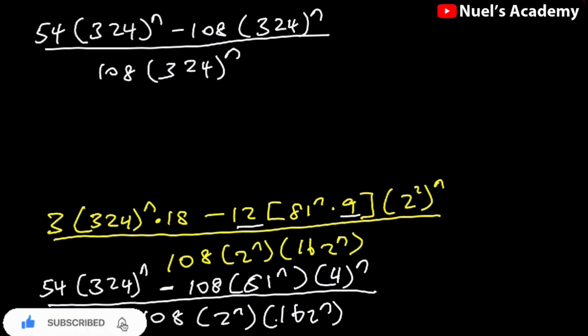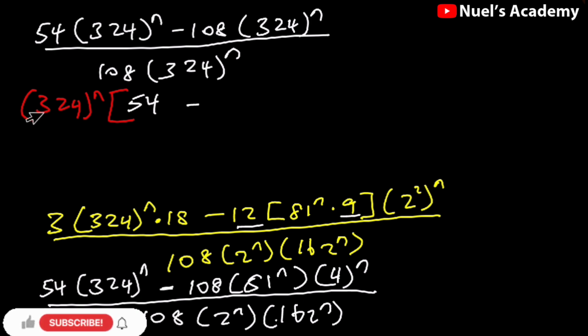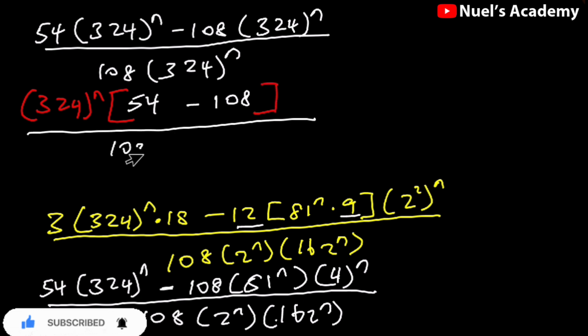So we are going to factor out 324 raised to the power n from both the numerator and the denominator. So we are going to have 324 raised to the power n, then into 54 multiplied by 324 raised to the power n divided by 324 raised to the power n, we'll be left with 54, then minus 108 multiplied by 324 raised to the power n divided by 324 raised to the power n, we'll be left with 108, over 108 multiplied by 324 raised to the power n.